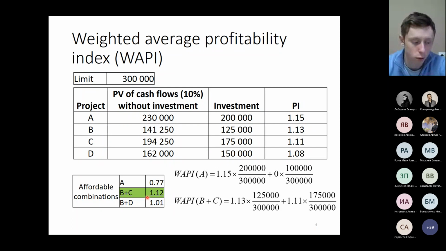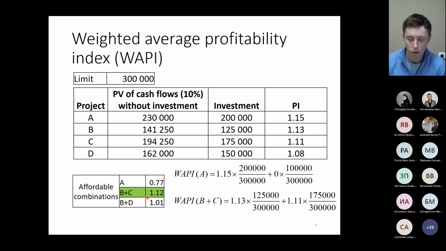So let's say you have a salary of 100,000 rubles and you want to allocate all of this for purchasing some stocks. Then this is the limit. This is the maximum amount that you can spend. Does it make sense to you, Uliana?